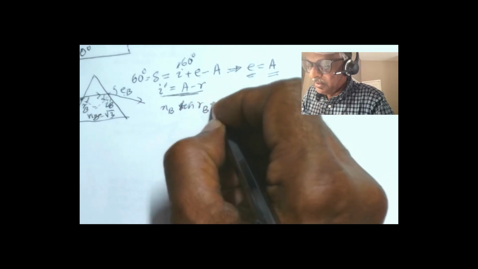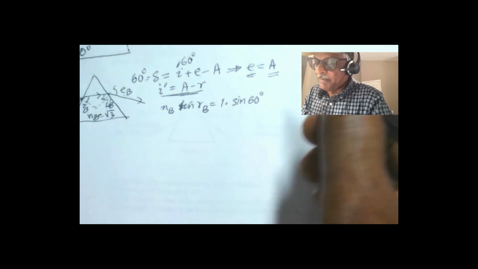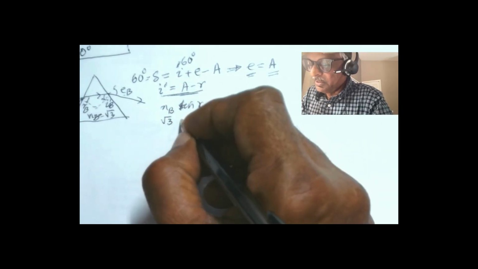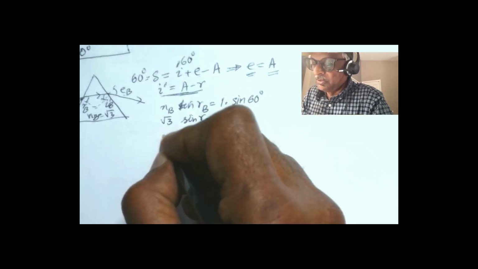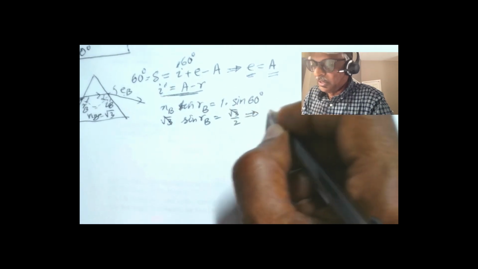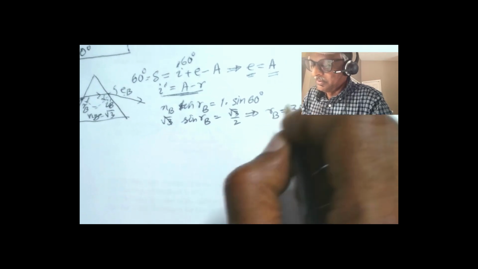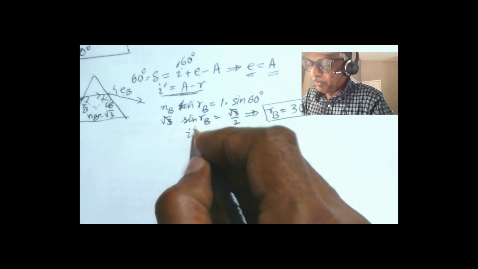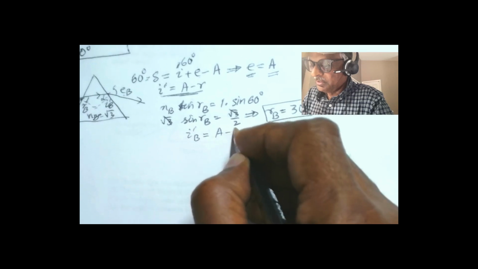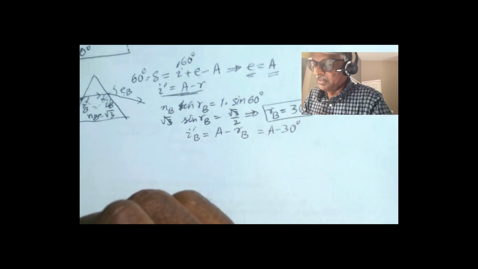All right, so first thing to get RB: NB sine RB equals 1 times sine 60 degrees. This is square root of 3 sine RB, and this is square root of 3 over 2. So square root of 3 cancels out, and RB is equal to 30 degrees. So this angle here will be I prime B equals A minus RB, so A minus 30 degrees.